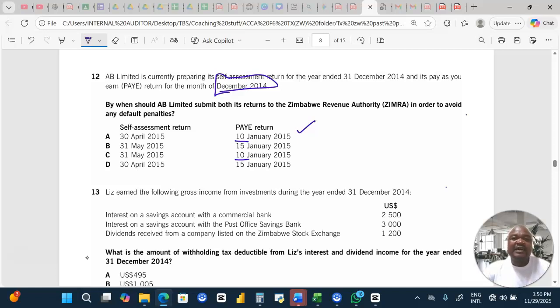In this case, they relate to the 2024 tax year, so they should be remitted by the 30th of April 2025. Is that clear? Good. So our answer is A.